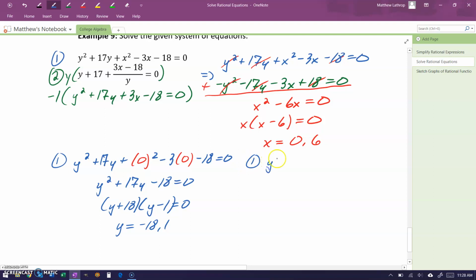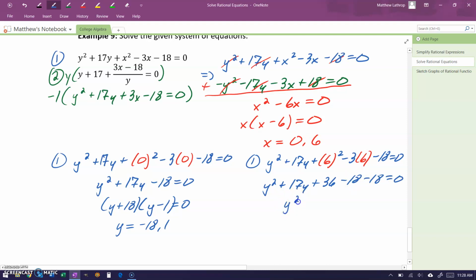Now we'll repeat that process, but instead plug in positive 6. Which will in this case give us y squared plus 17y plus 36 minus 18 is equal to 0, or y squared plus 17y is equal to 0.